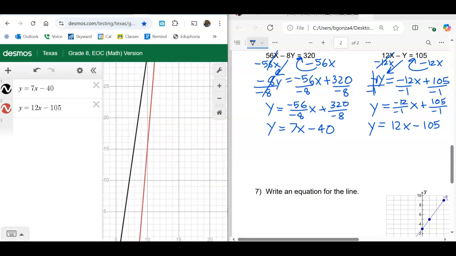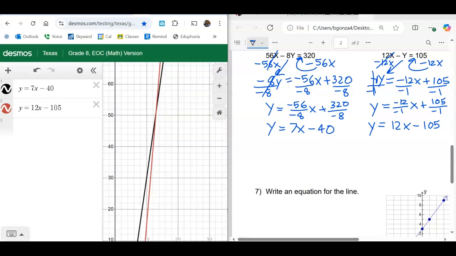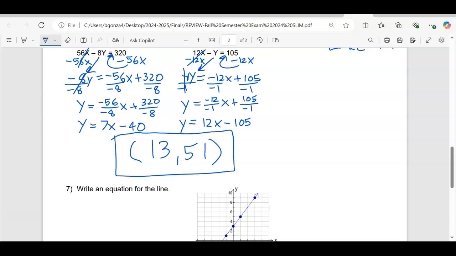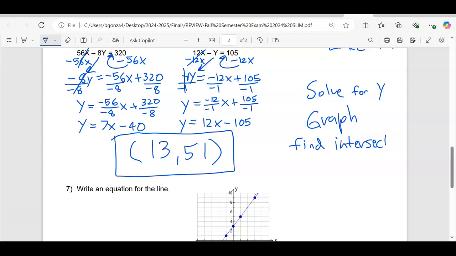And remember, you want to move, maybe zoom out until you can find that intersection point. And we found it right here at 13, 51. Yeah, 13, 51 is our solution where the two lines cross. Okay, don't forget to graph, solve for y, graph, line, intersection. Very important.